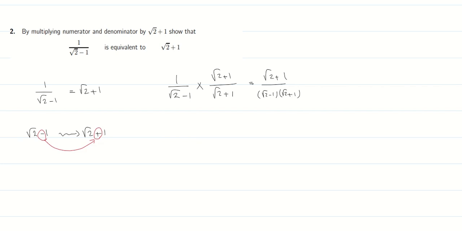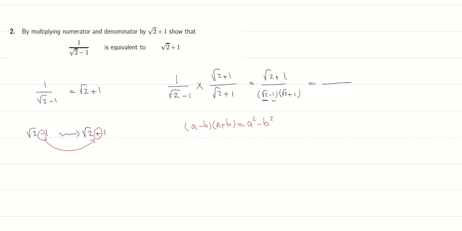And we know based off the formulas, if we have a minus b times a plus b, it would be equal to a squared minus b squared. And on here, our a would be equal to the square root of 2, and our b would be equal to 1. So it would be the difference of squares.